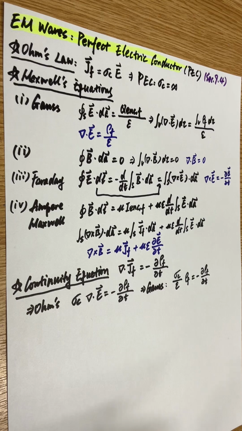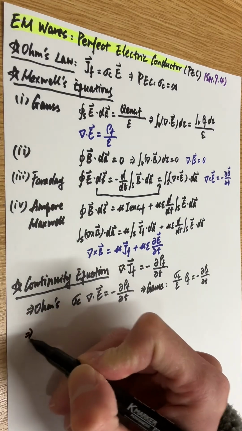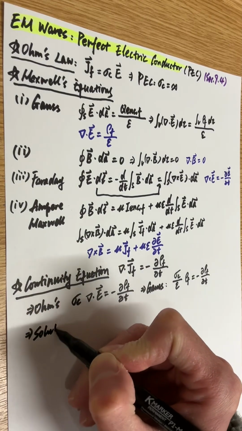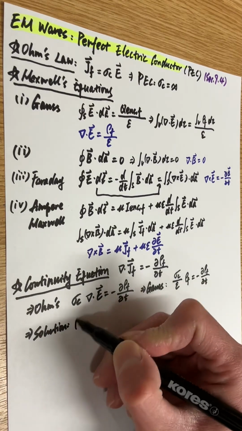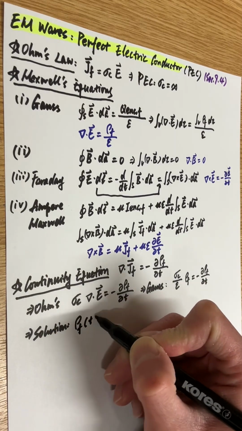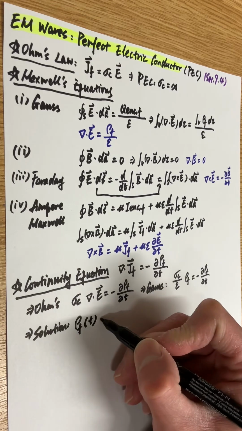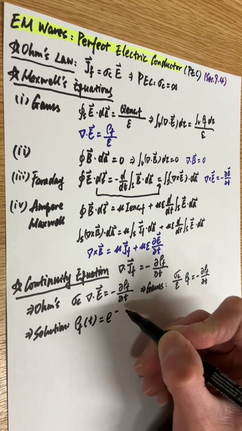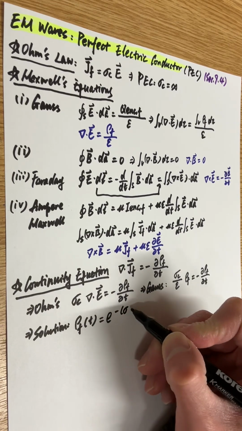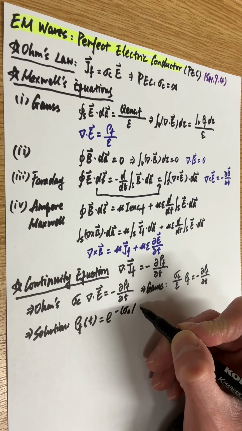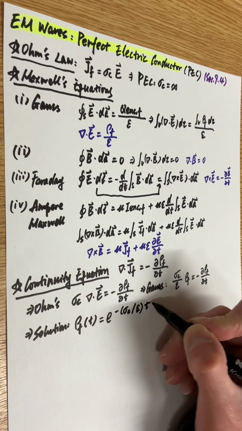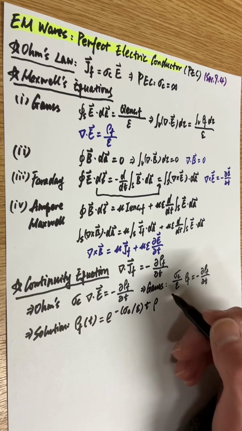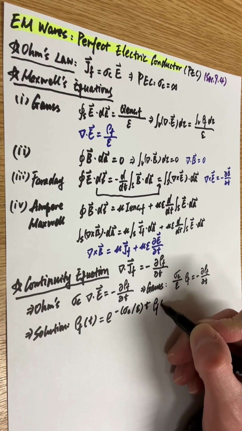So the solution of this differential equation, we have rho F as a function of time equals e to the minus conductivity divided by permittivity multiplied by time, and then there is an initial constant term.